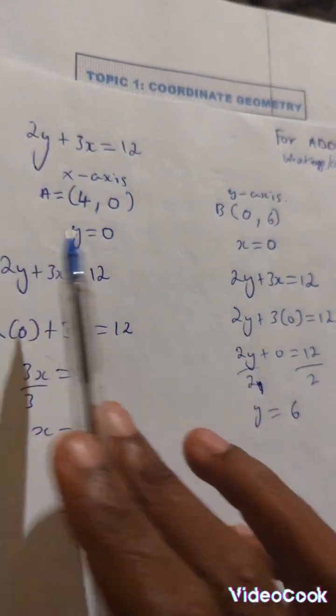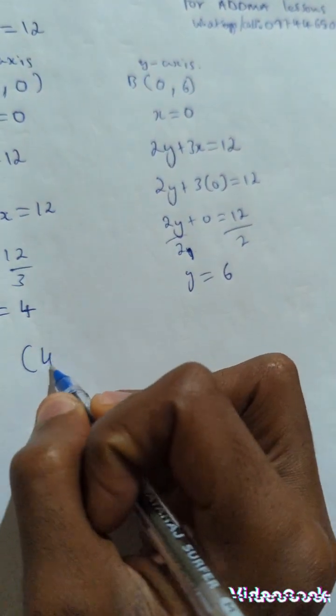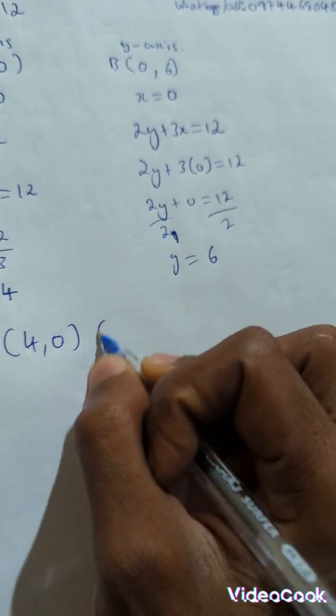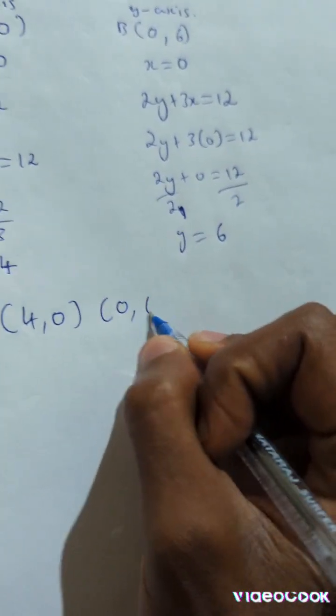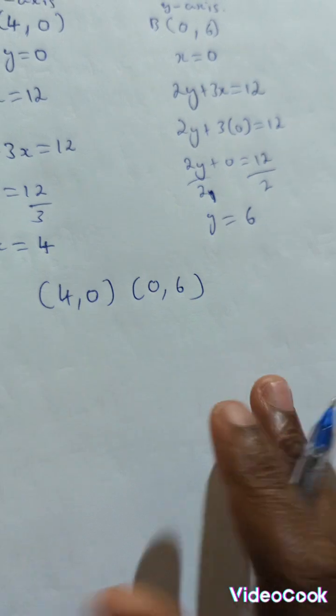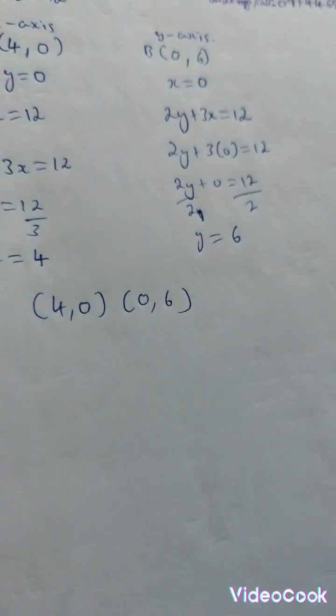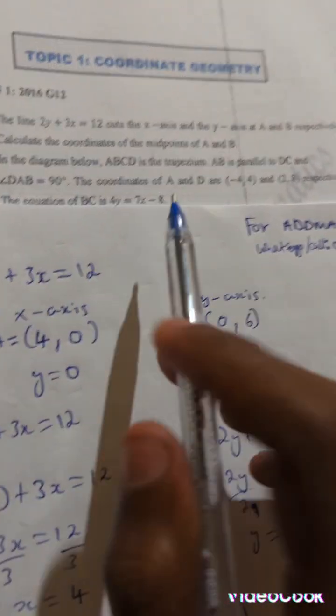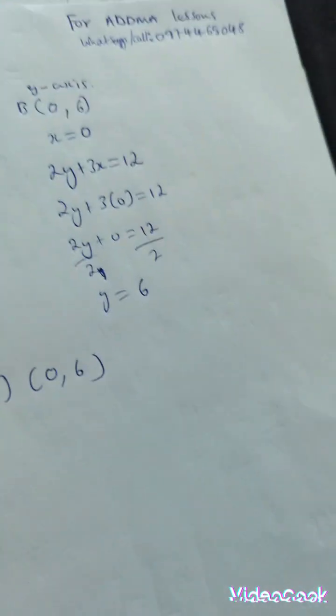So therefore the coordinates that we have are 4, 0 and 0, 6. Then that's where we can now find the midpoint, because they need the midpoint of A and B.